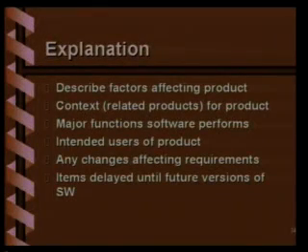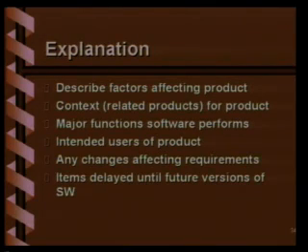You need to describe factors affecting the product. What factors? Environmental, quality, which may affect your product. Context: under what context or related products are you talking about this particular product? Are they already existing? Major functions the software performs. What are the major functions? Just an overview.